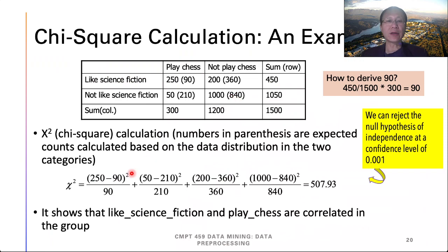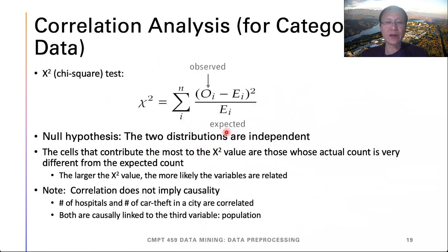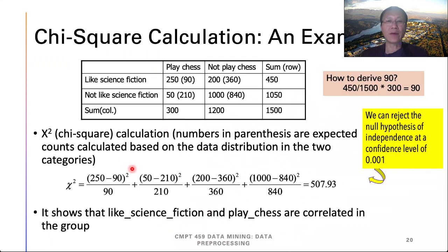Then we can calculate the chi-square as follows, following the formula we just saw here. For each one, we use the observed value minus the expectation, take the square, and divide by the expectation. We sum them up, and the total is 507.93.